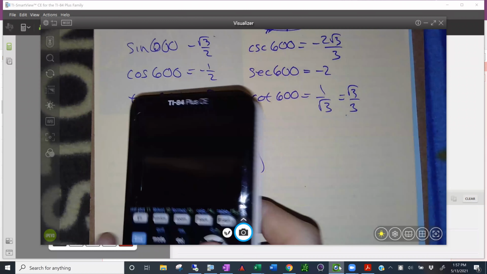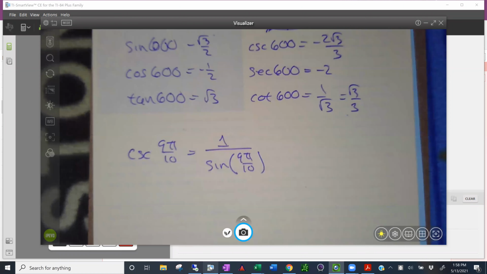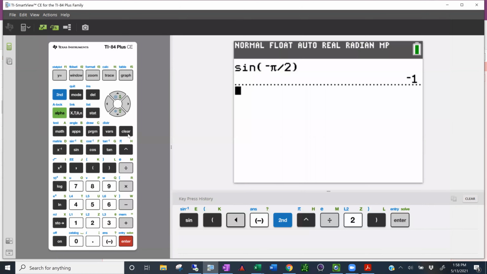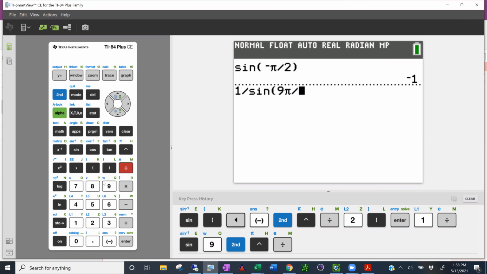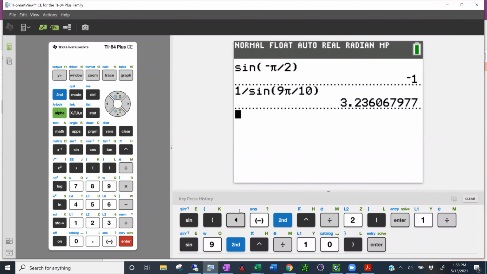So let's go back here. I'll do 1 divided by sine of 9 pi divided by 10. And then you round it off to however many digits you need.